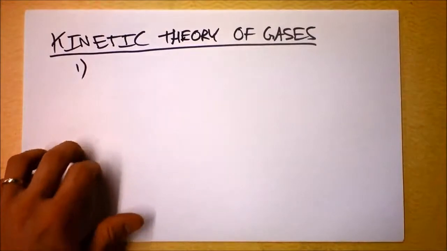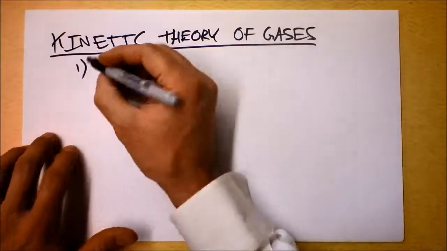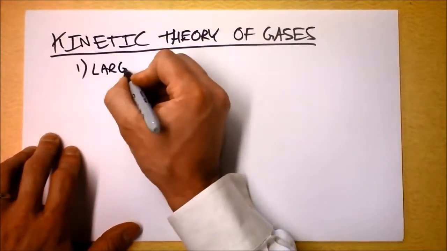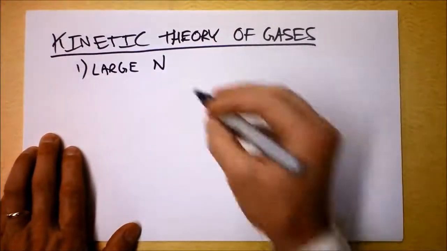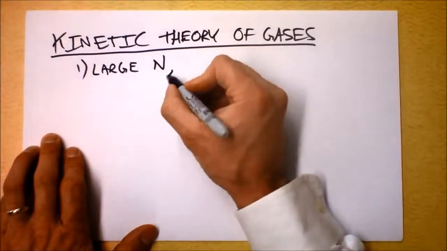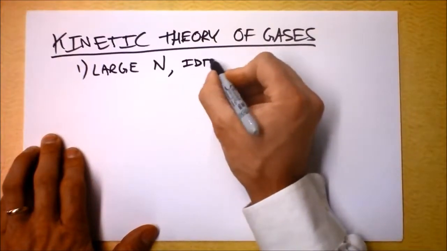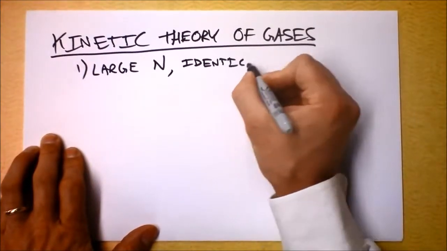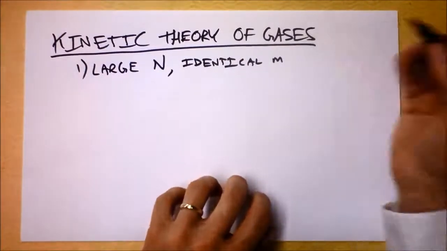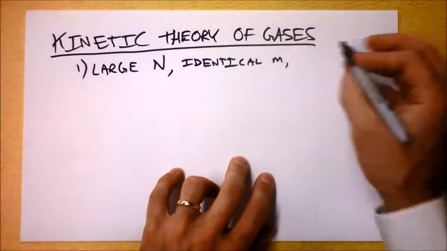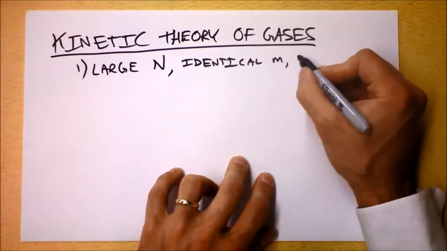First assumption is that we have a large number of particles, and that they are all identical. Large N identical mass particles, and also point particles.